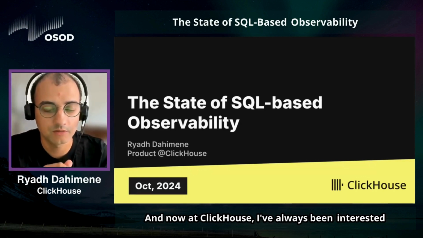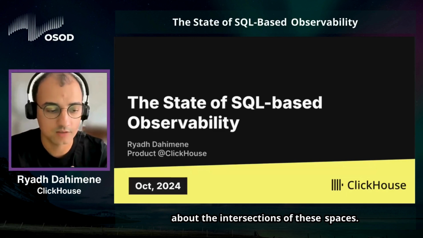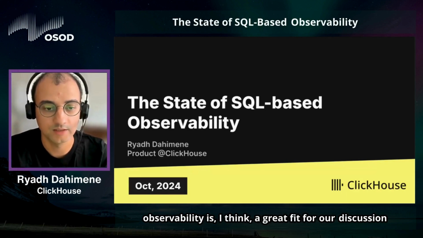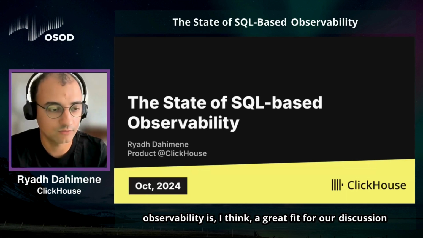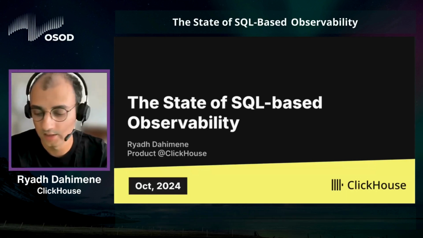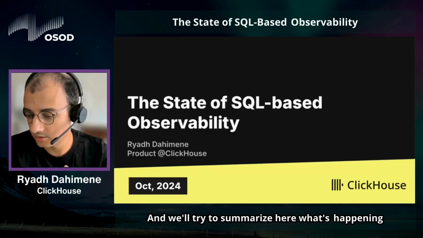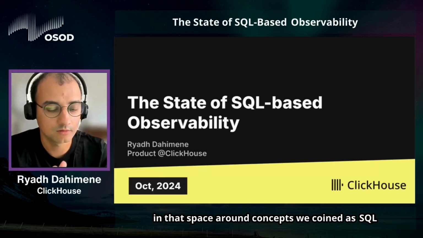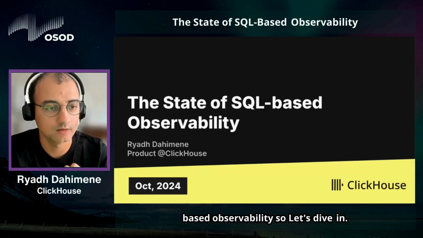I've always been interested in the intersections of these spaces. And this conference topic about open source observability is, I think, a great fit for our discussion today. We'll try to summarize what's happening in that space around a concept we coined as SQL-based observability. So let's dive in.